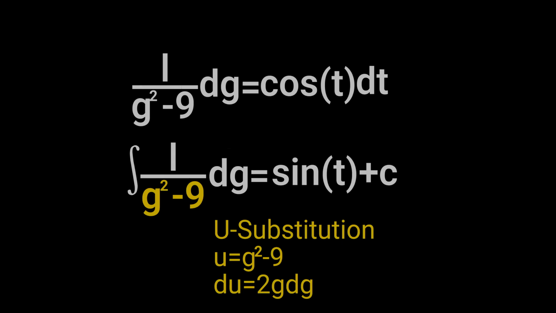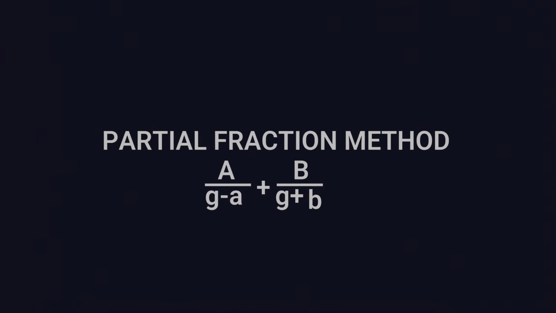Here is where the partial fraction method becomes useful. That is a over g minus a plus b over g plus b. What we're gonna do is take 1 over g squared minus 9 and try to put it in the form of a over g minus a plus b over g plus b.